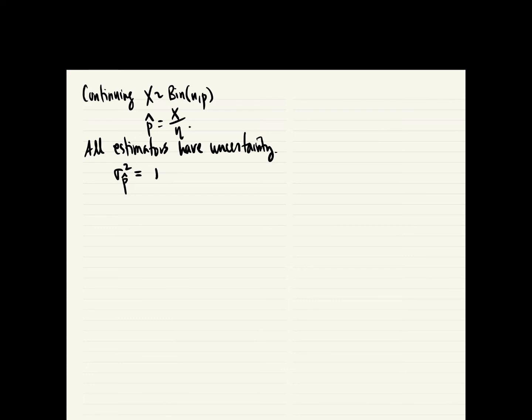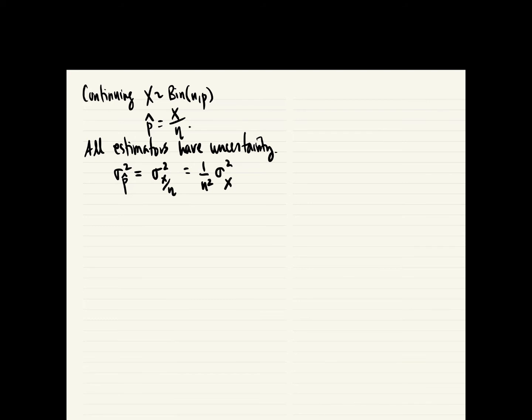Our estimator is defined to be a random variable x over n. n is a constant, and we talked last time about variances for linear combinations of random variables, so we know this is true.